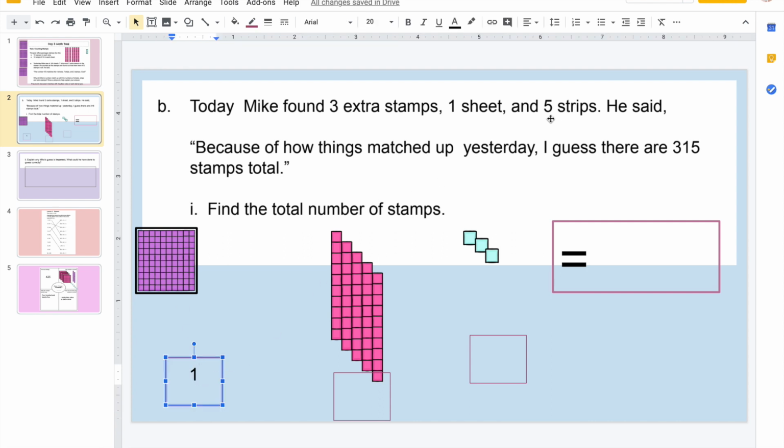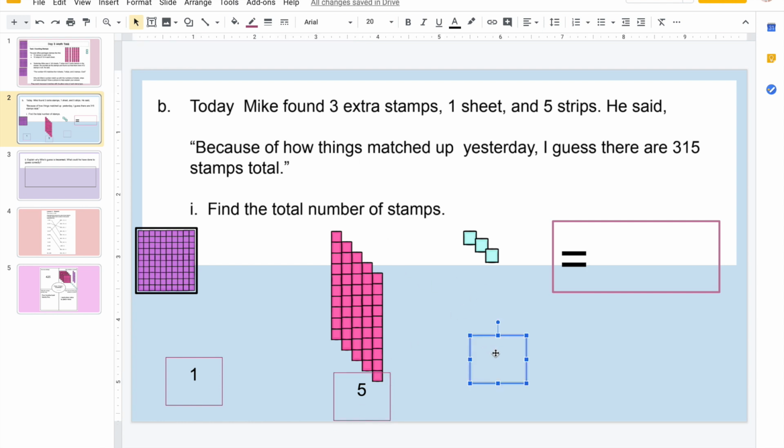The 5 strips is going to be represented by the 10 bars, sorry, the 5 strips that Mike found. So we have 1, 2, 3, 4, 5 strips. And then he found 3 extra stamps, and those are going to represent the ones.